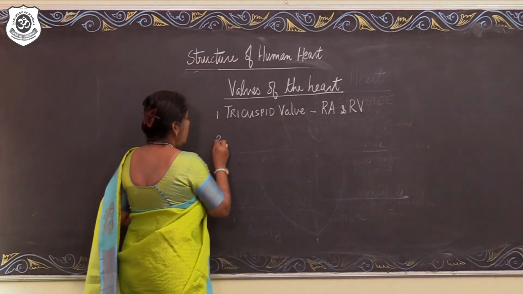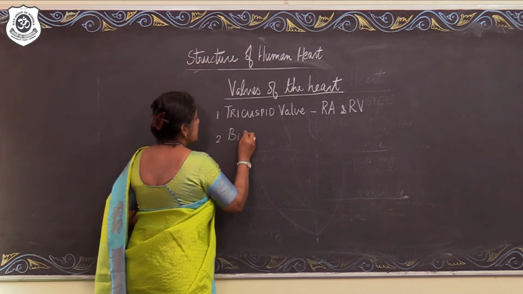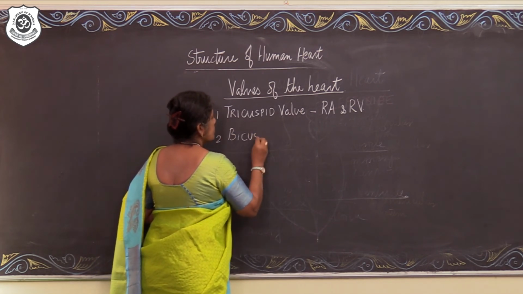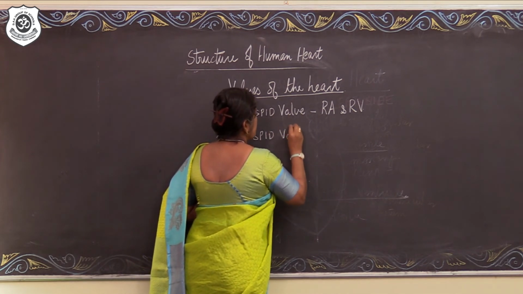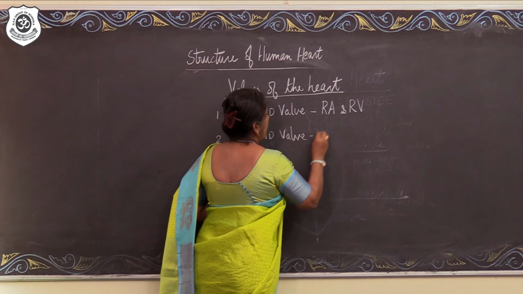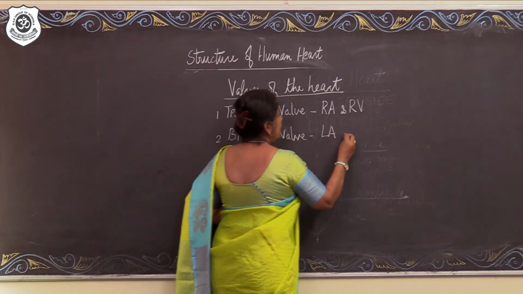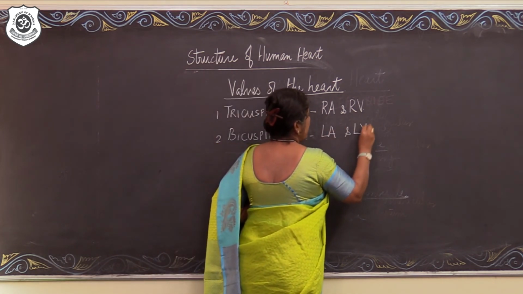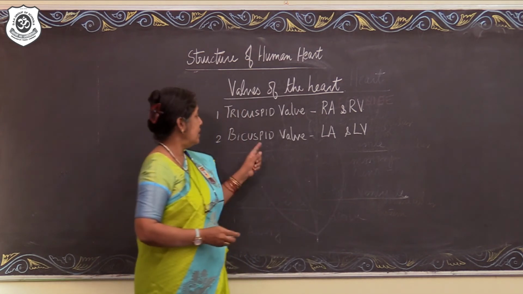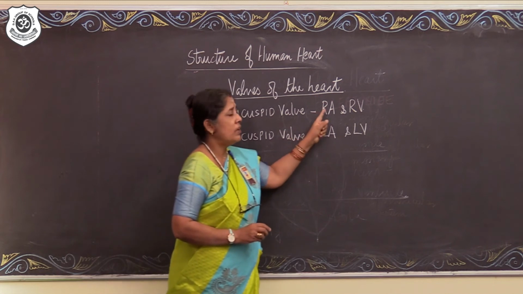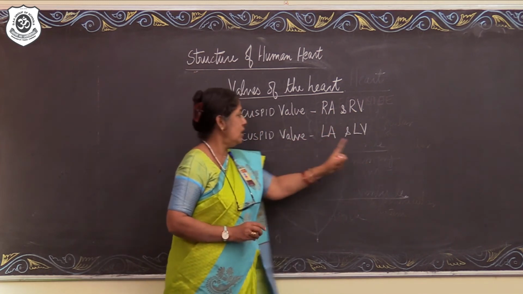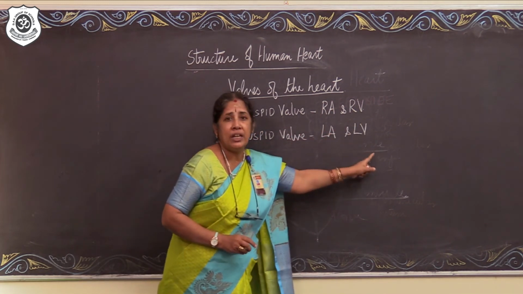The second one was the bicuspid valve, between the left auricle and the left ventricle. We have already seen that these 2 valves will allow the blood to always move from the right auricle into the right ventricle or from the left auricle into the left ventricle.